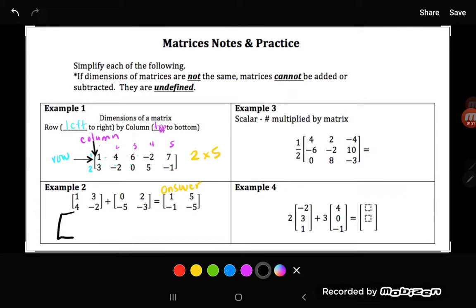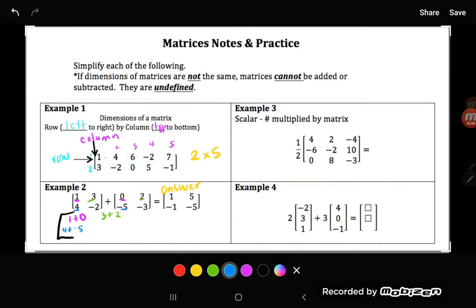So the first thing I'm going to do is add the term, element A, in both matrices. So I'm going to add 1 plus 0 in the first position. Then I'm going to add 3 plus 2 in the second position, that's B. Then I'm going to add 4 and negative 5.